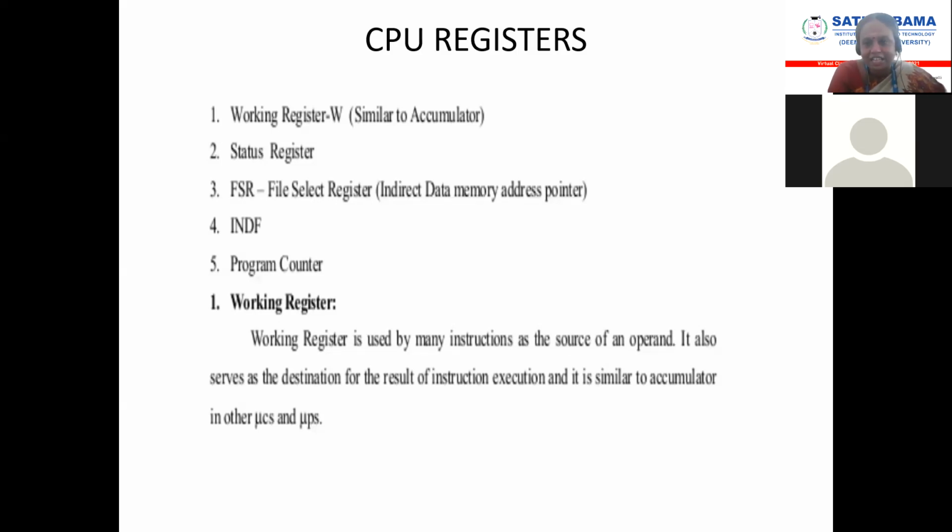Along with that, we have the SPI module, serial peripheral interface module. Then the I2C protocol is also available. Along with that, parallel slave communication is also possible, sorry, in the PIC microcontroller. 8051 doesn't have a watchdog timer, but the PIC microcontroller has a watchdog timer.